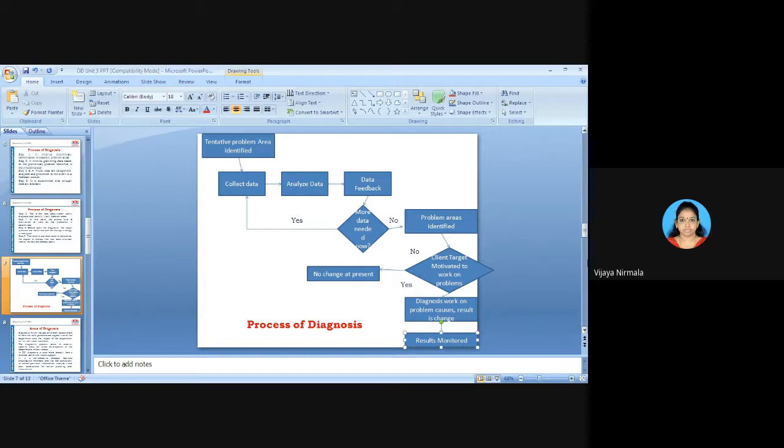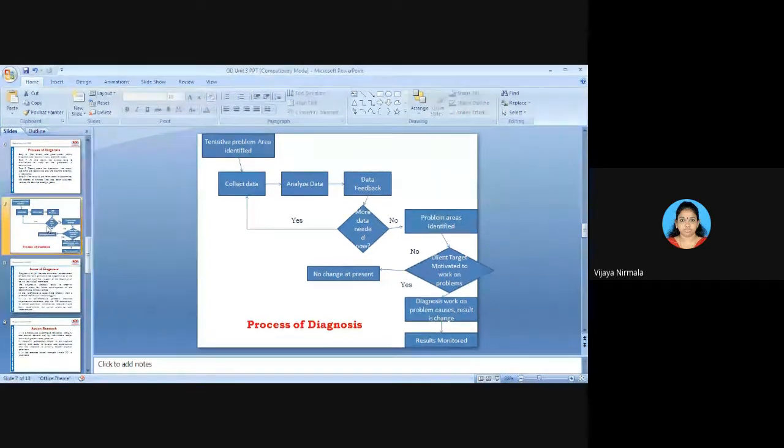If you require some more data, then you move back to the problem area to be identified, and the client target who is to be motivated to work on some problems, and then you diagnose the problem causes, and finally the results are monitored. So this is how the process of diagnosis is made.